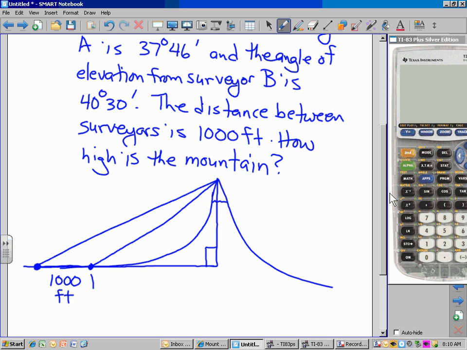B is here, and A is here. So you're telling me B is 40 degrees, 30 minutes, and over here is 37 degrees, 46 minutes. Actually, let me draw it outside. Correct?